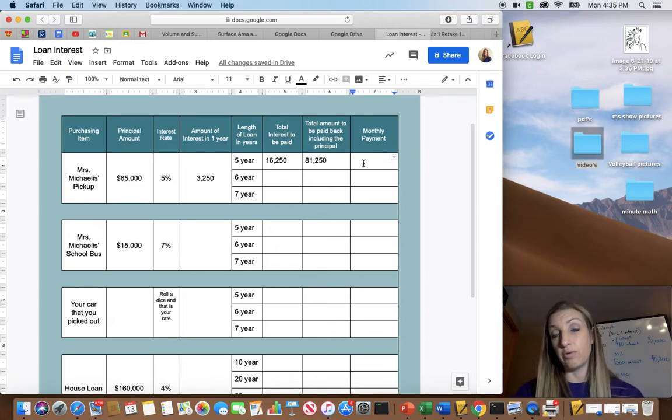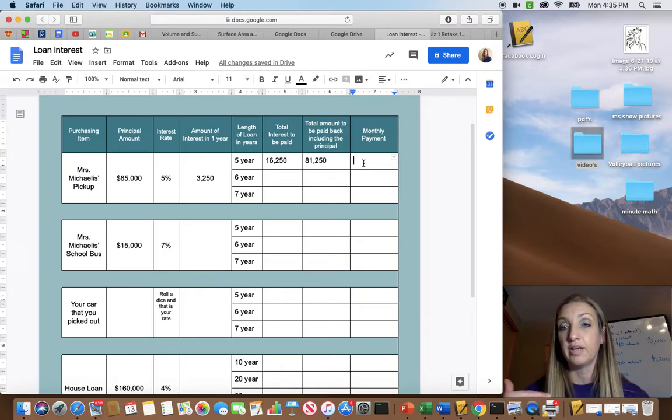Now I want to figure out what my monthly payments would be, because whenever I pay the bank back, I pay them back a little bit each month. In 5 years, there are 12 months in every year, so that would be 60 months, because 5 times 12 is 60. So I'm going to take that 81,250 and divide it by 60 months.